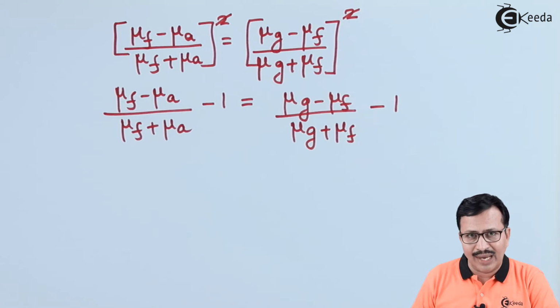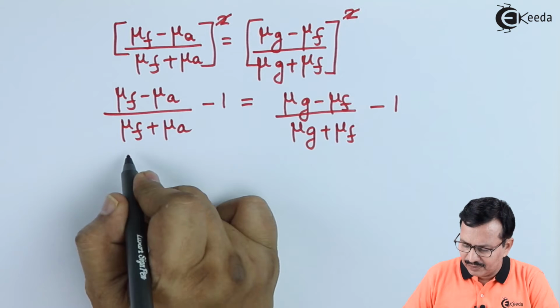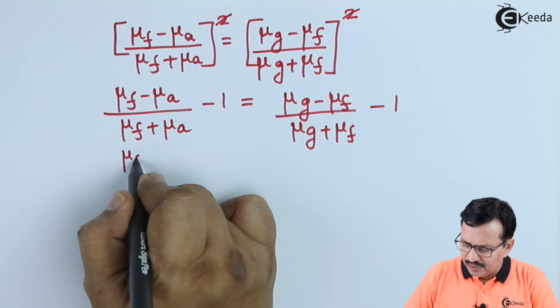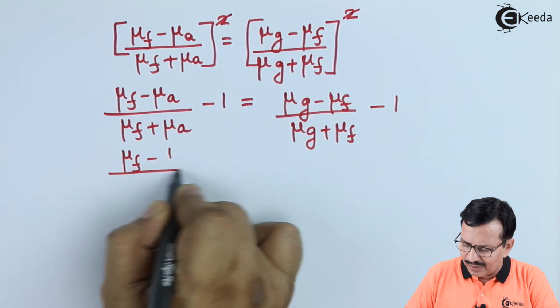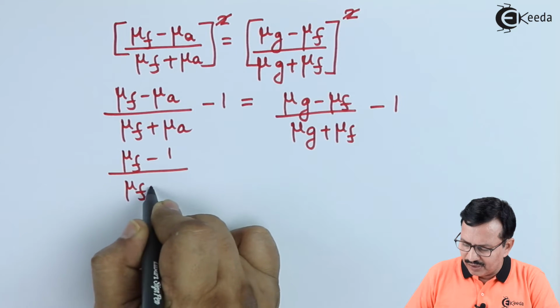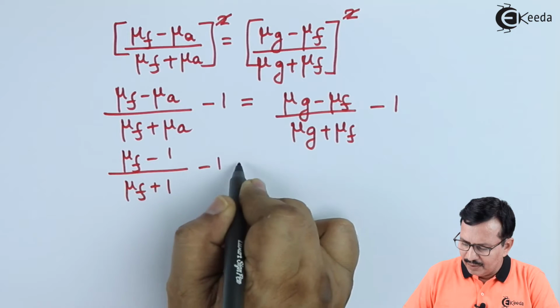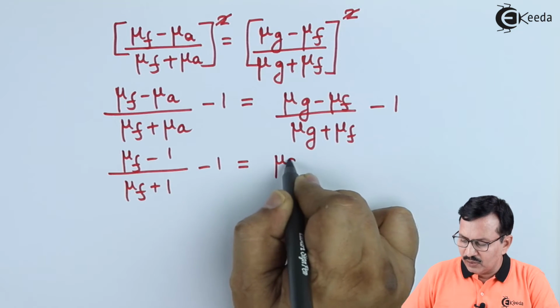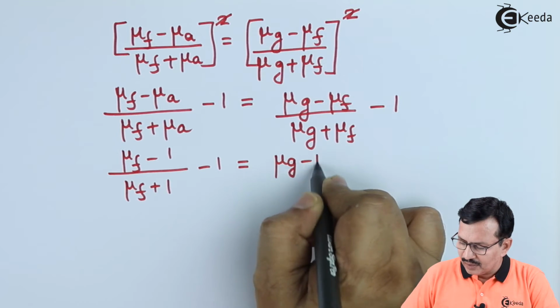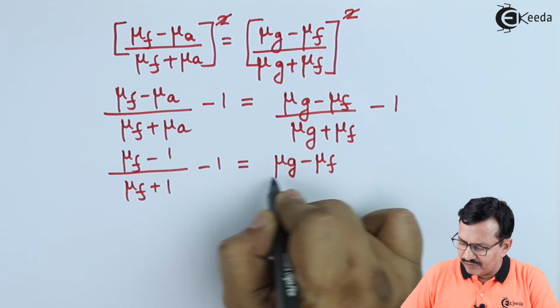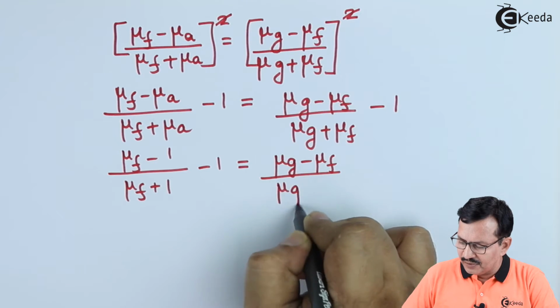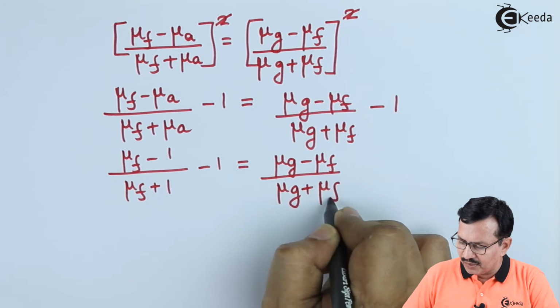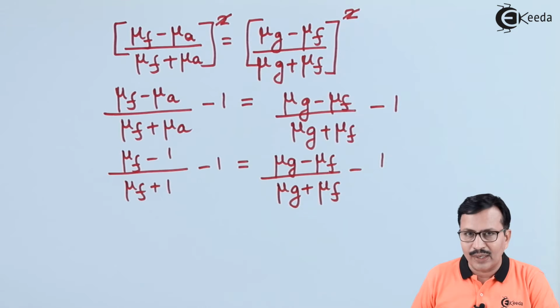Mu a is 1, the refractive index of air or vacuum, for example. So that is going to be equal to mu f minus 1 divided by mu f plus 1, minus 1, is equal to mu g minus mu f divided by mu g plus mu f, minus 1. This can now be simplified still further.